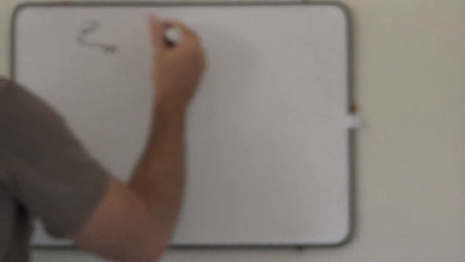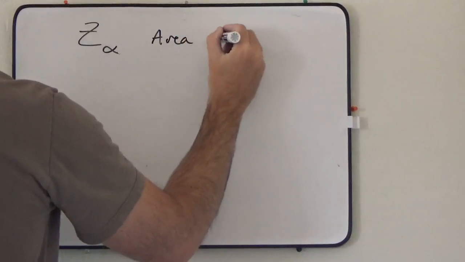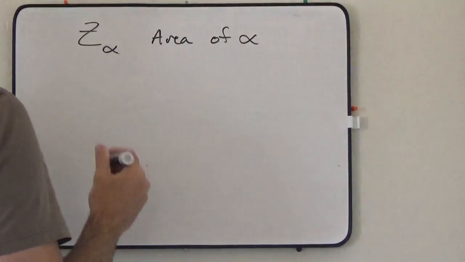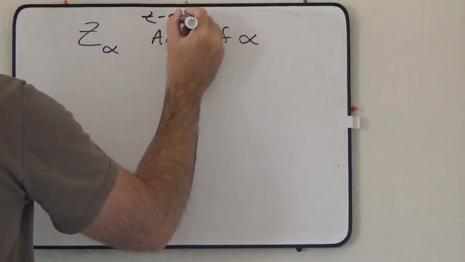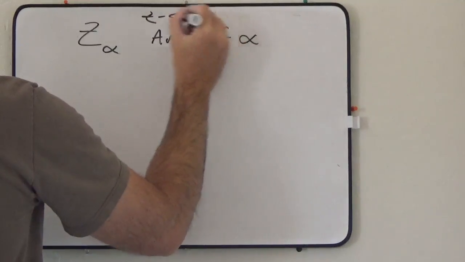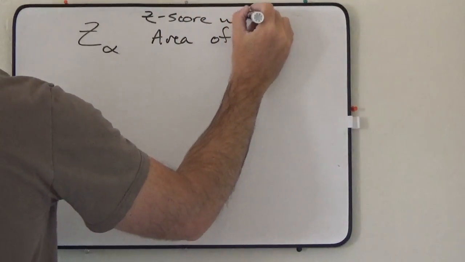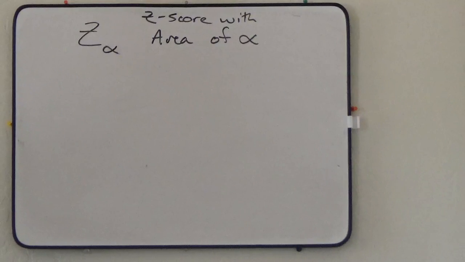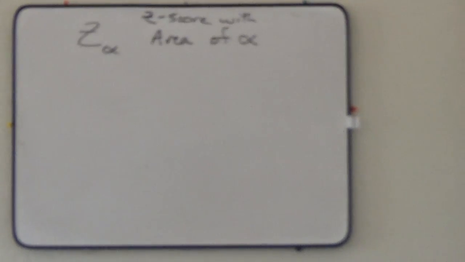This denotes the z-score with an area of alpha to its right. Remember, the area is the same as the probability.